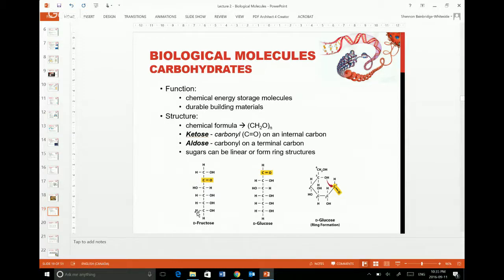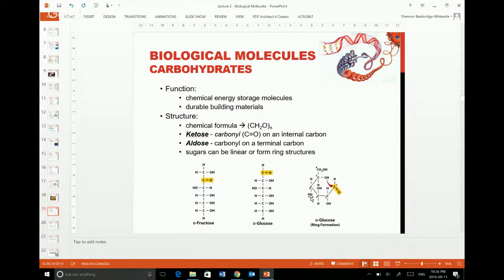The best example of that is fructose. On the other hand, if the carbonyl group is found at the very end of the sugar molecule, making an aldehyde, this is what we refer to as an aldose sugar, and the best example of that is glucose. For simplicity's sake, we often depict sugars in a linear fashion like this. But typically in a biological setting, they spontaneously form ring-like structures.